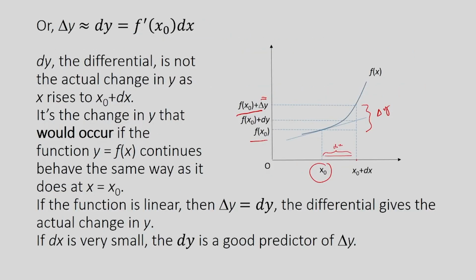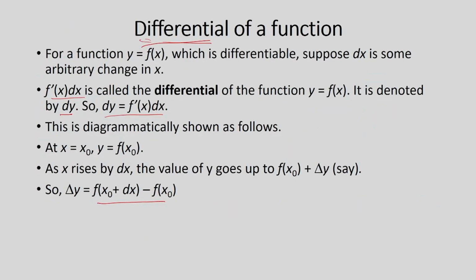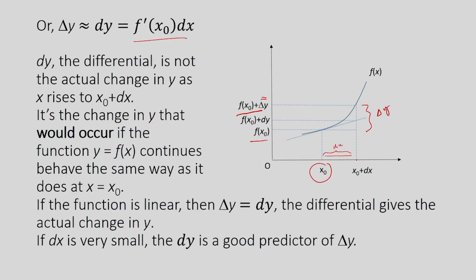So, delta y is not equal to, but approximately equal to dy, which is equal to f dash of x0 dx. dy is called the differential, it is not the actual change in y as x rises to x0 plus dx. So, as x is rising, what is the change in y? It is here, this is the new value of y.